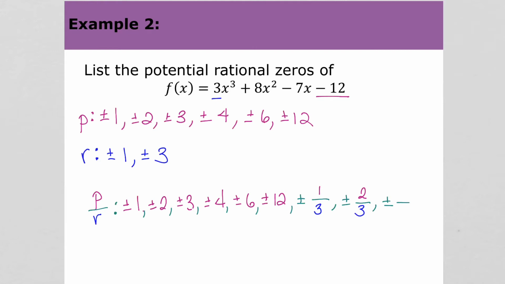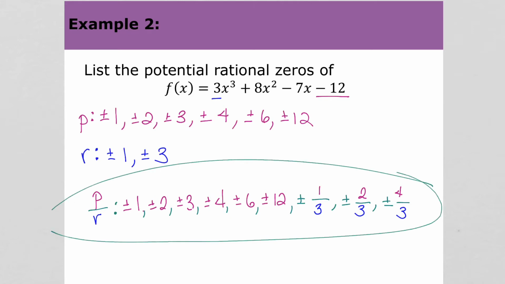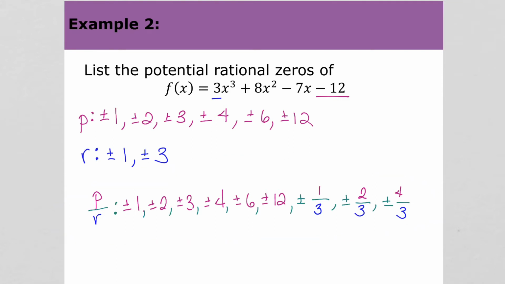Then positive or negative 4 over 3. Next will be positive or negative 6 over 3, which is 2, which we already have. And then we'll have positive or negative 12 over 3, which is 4, so we don't need to list that. These are therefore the potential rational zeros of f of x.